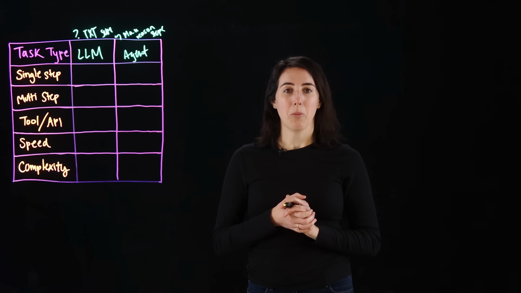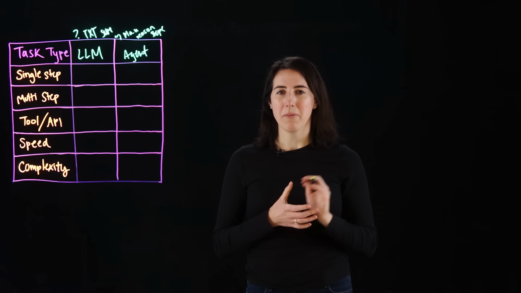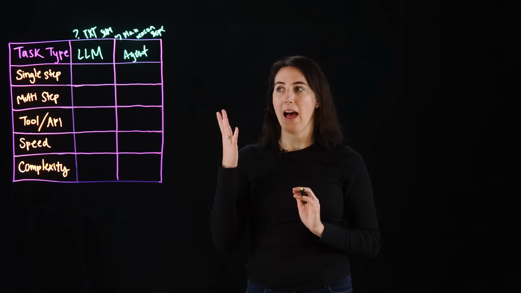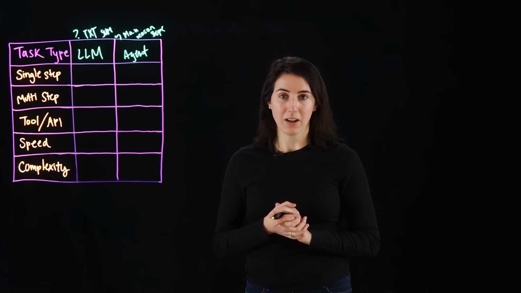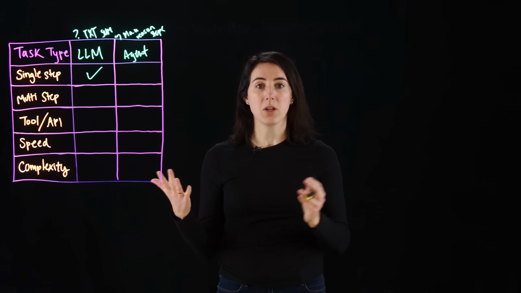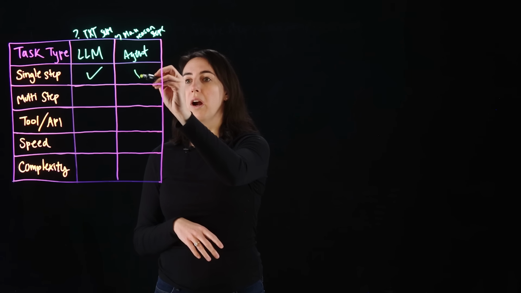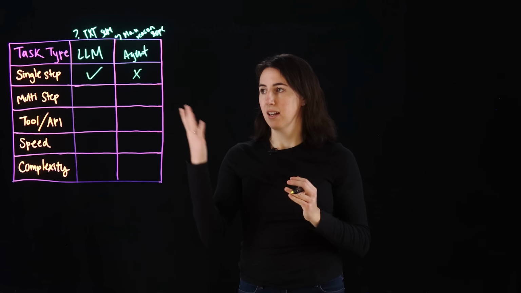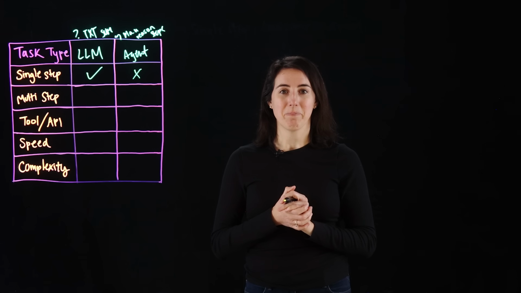Now let's talk about when to use an LLM and when you might want to use an agent. LLMs are perfect when your task is single step. So if you need a quick answer or a one-off task, just use an LLM.